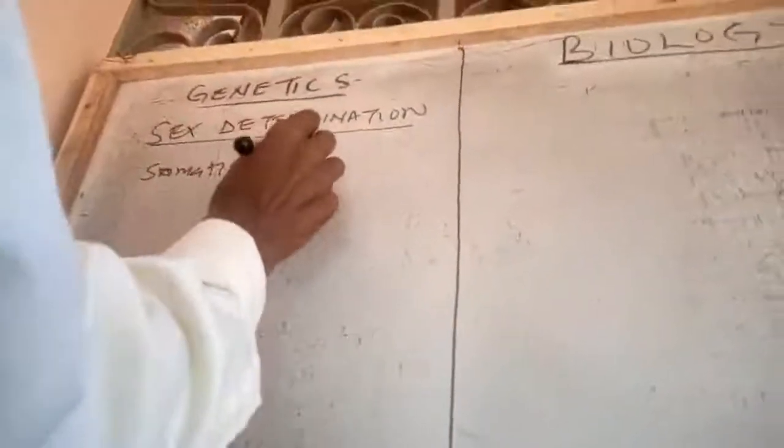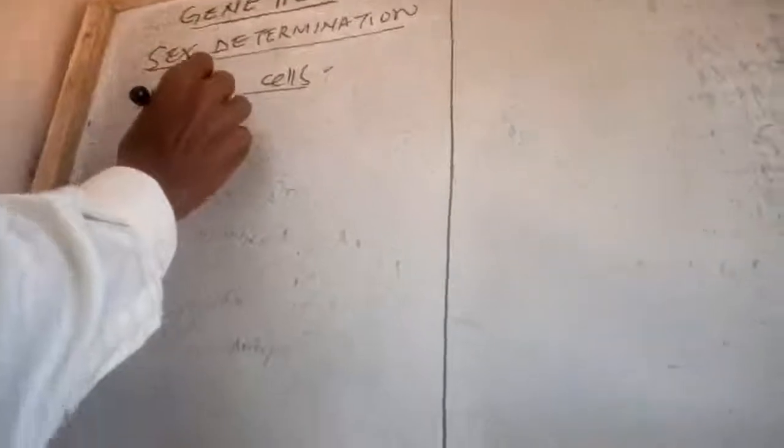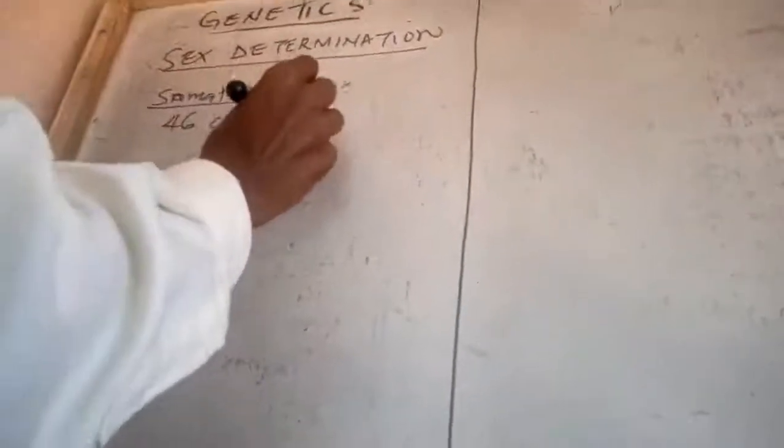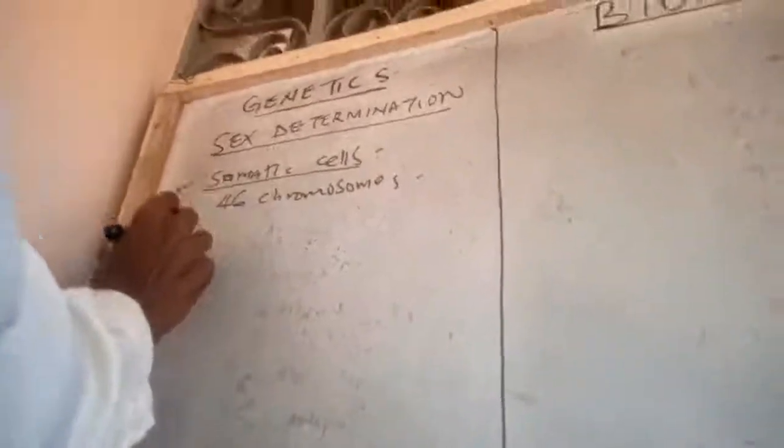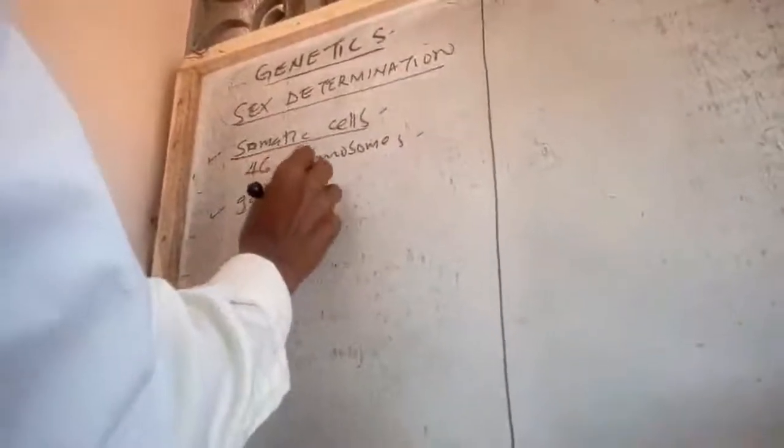That is 22 pairs of chromosomes are called somatic, and therefore we have the somatic cell. Somatic cells contain 46 chromosomes, and also we have the gametic cells.